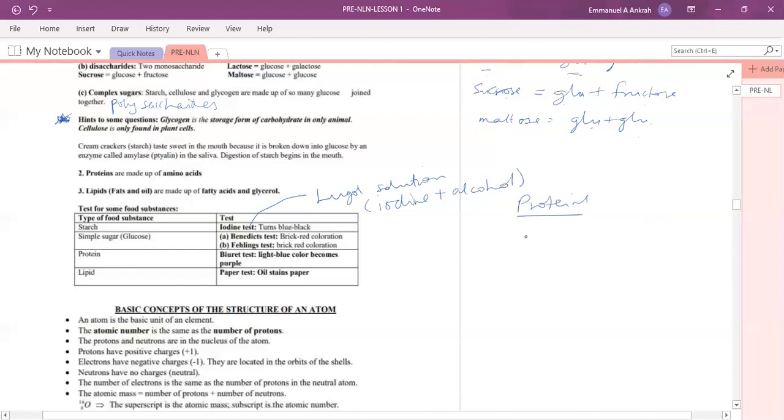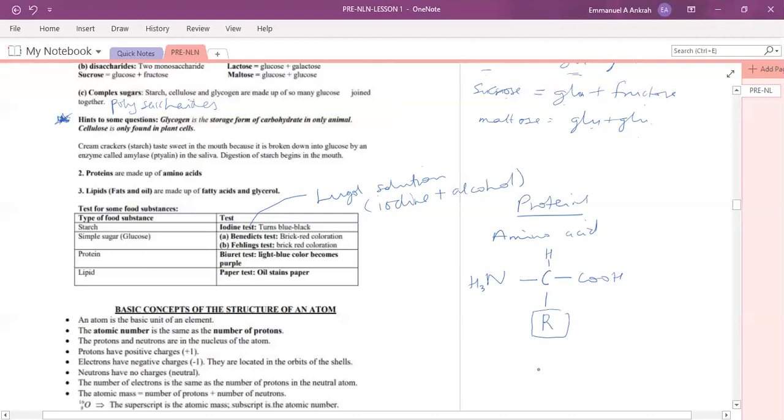For the chemistry of it, it looks like this. The amino acid: you have carbon, and then you have hydrogen somewhere. You have COOH. For those who have done some organic chemistry, you may have come across this. If not, don't worry too much, just look at what I'm drawing. And then you have what we call the R group.